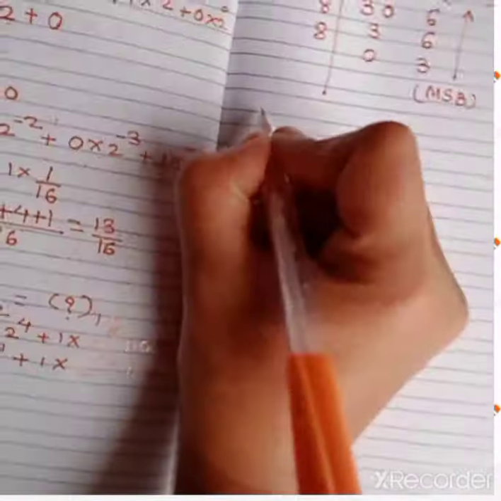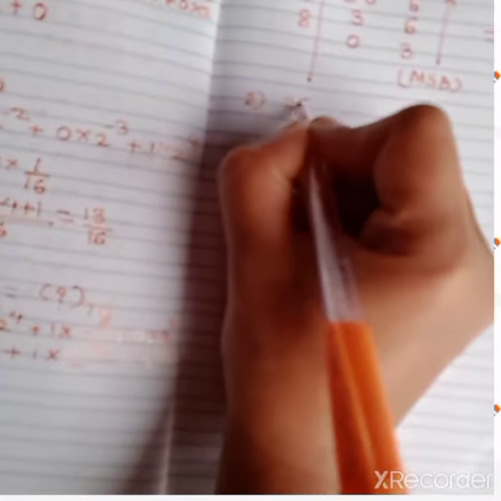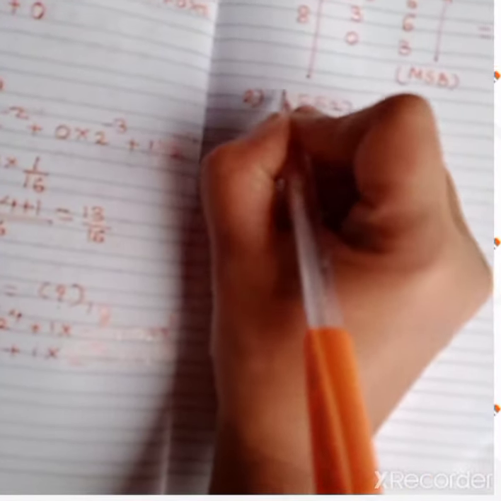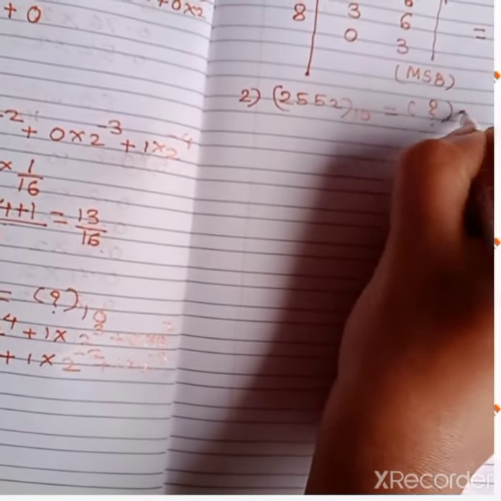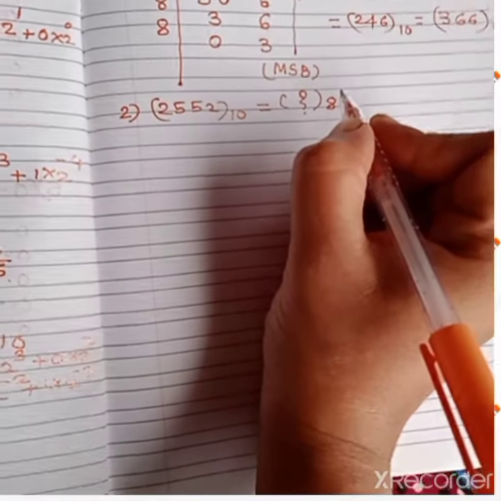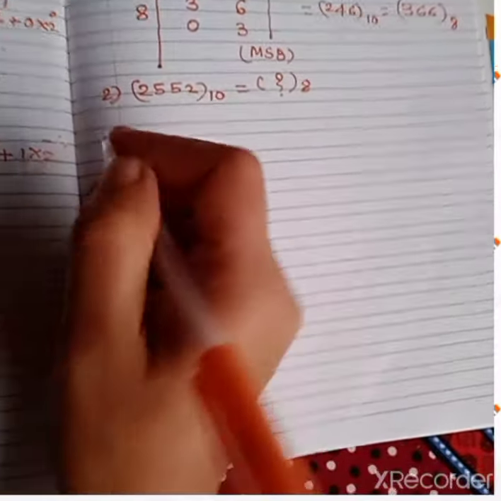We'll see a second example. 2552 to the base 10 is equivalent to which octal number, we have to find out.